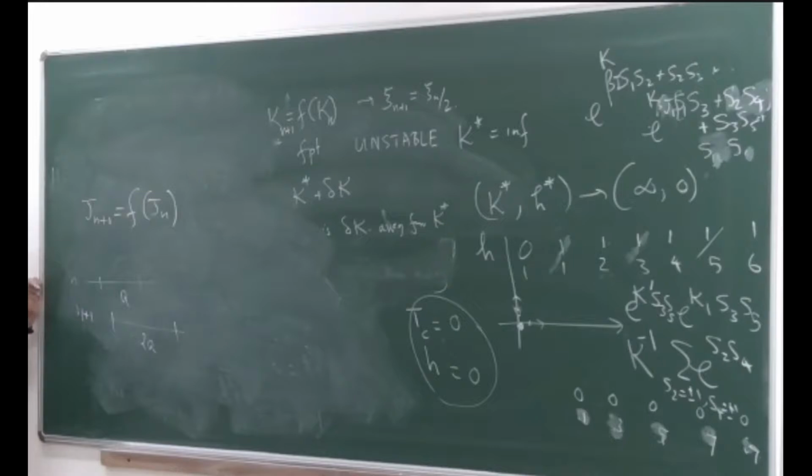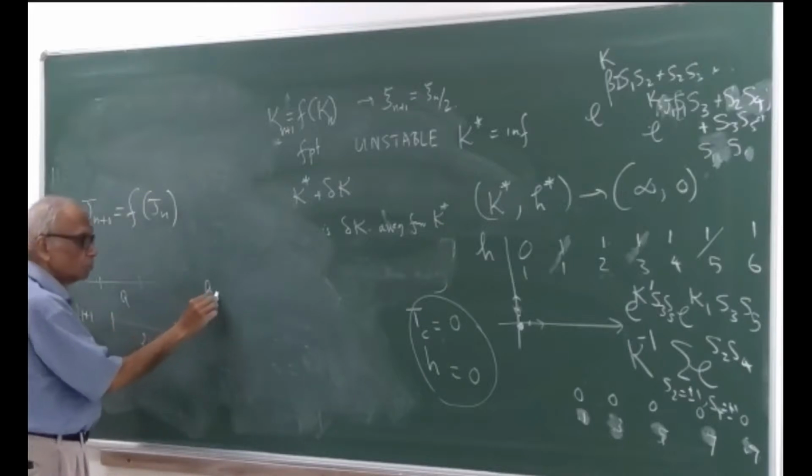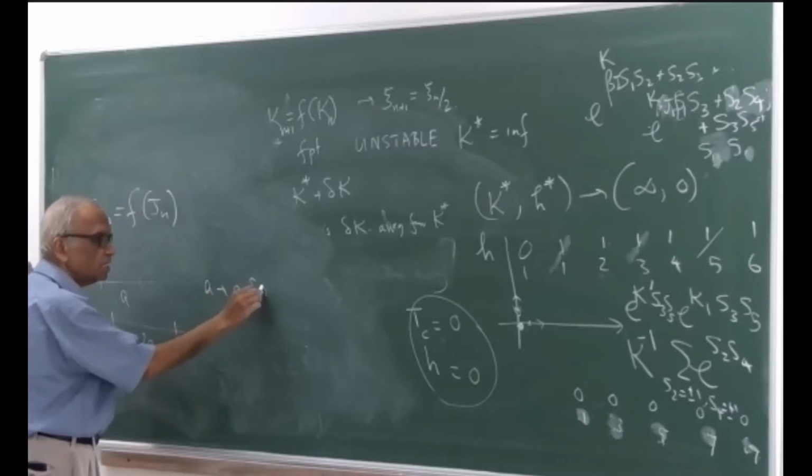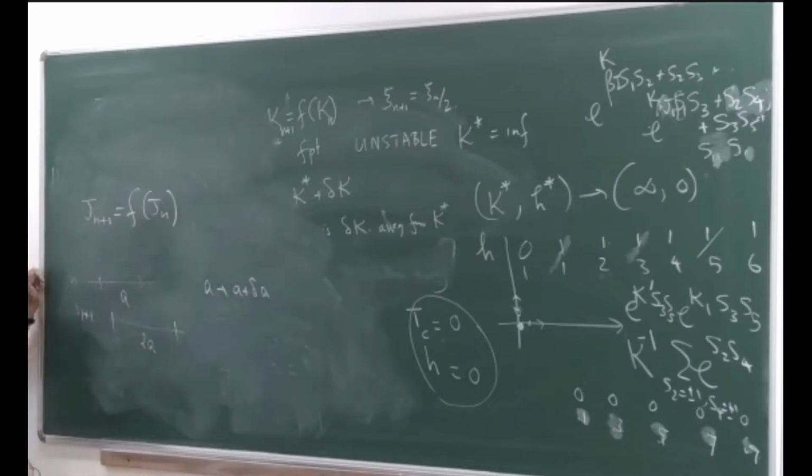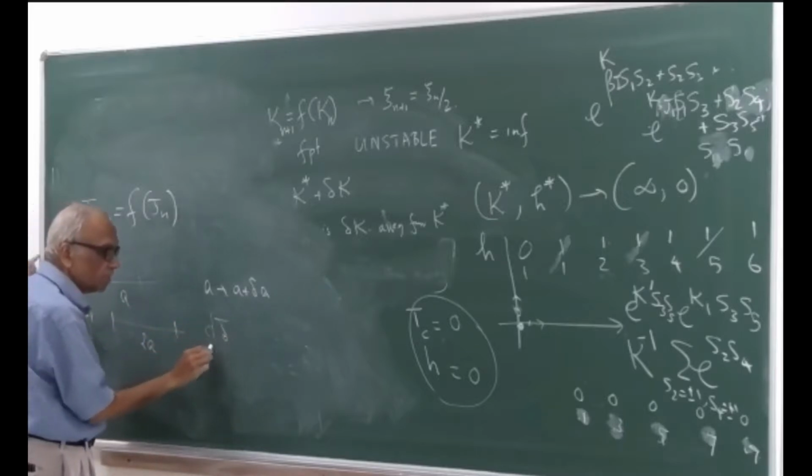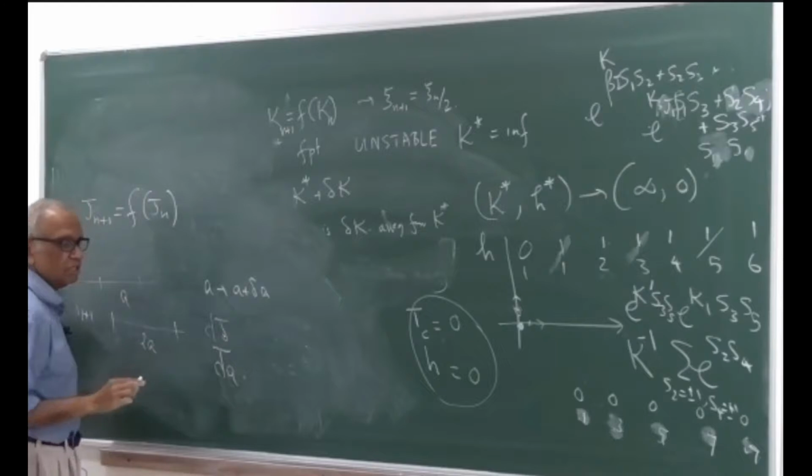If this is a continuum, then I just say A goes to A plus delta A. So if this was a theory set on a continuum, then instead of this, you would have a dG/dA.